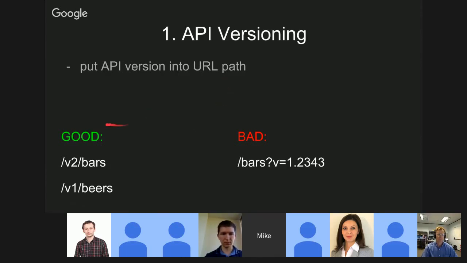A good practice is to put the version of your API in the path, in the URL. For example, like here, v1 pairs, v2 pairs. Here is a bad example. This URL also has a version, but it's placed in a query parameter, and it's quite difficult to see the version number, so it could cause some errors and difficulties.